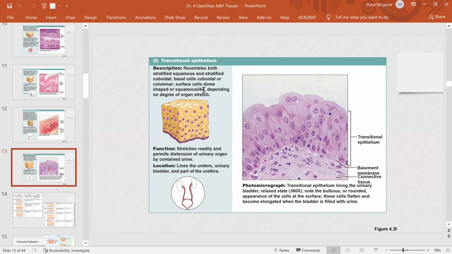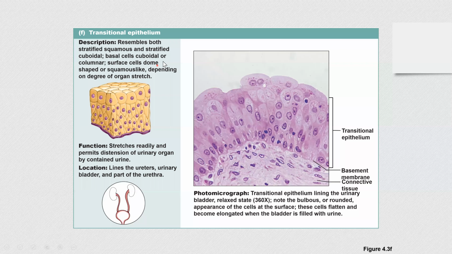It resembles both stratified squamous and stratified cuboidal. Basal cells are cuboidal or columnar, and surface cells have a dome shape, and they are also squamous-like, depending on the degree of organ stretch.